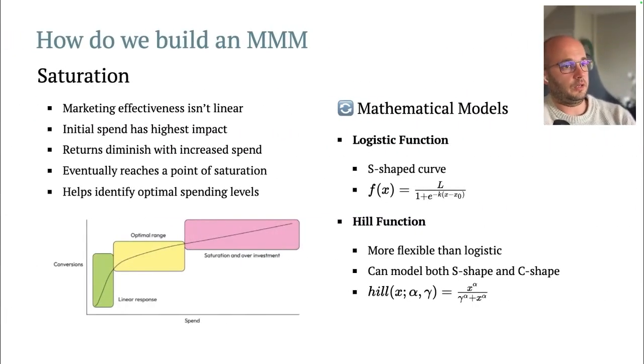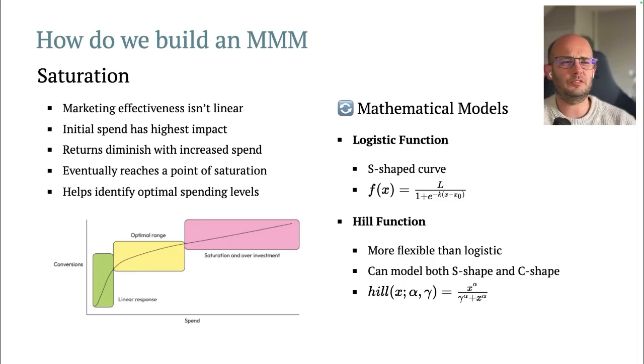After ad stock, there is the saturation. And in here, it's another very important concept, which is that marketing effectiveness isn't linear. There will come a point in which you will have diminishing returns. It's not just if my campaign is effective at 100,000 spent, I will throw a million, 10 million, I will always get the same thing.